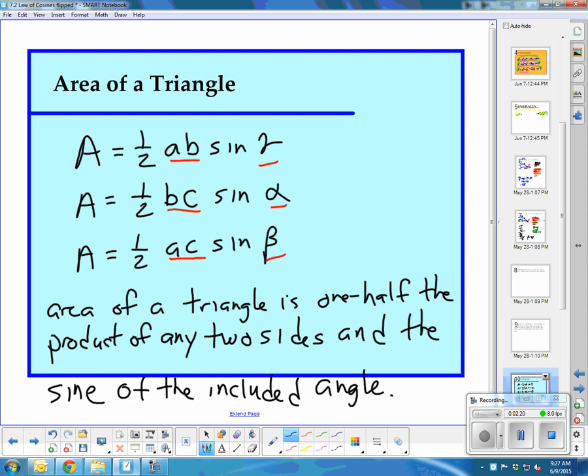And that's what all three of the formulas say. I just put it in words because maybe you don't memorize the formula, but you can remember the idea. One idea covers all three formulas.